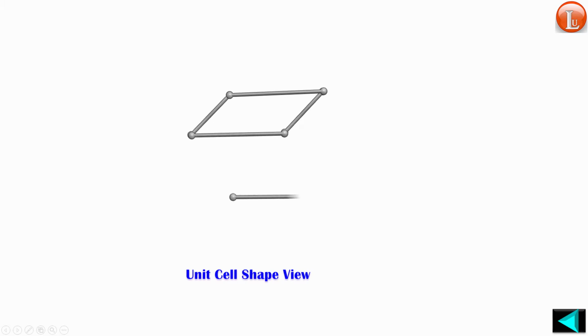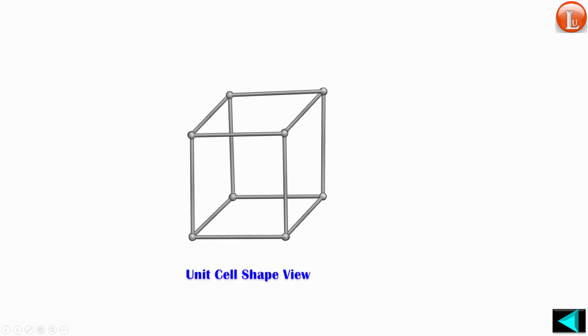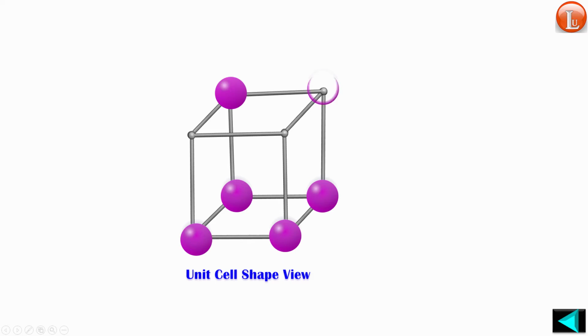You have a cube, and this is a unit cell shape view. In the unit cell shape view, you only see the shape, you do not see which atoms are in contact. Corner atoms of the same type, and there is also an atom at the center. Its center is lying at the center of the cube. This is called a body-centered cubic unit cell.